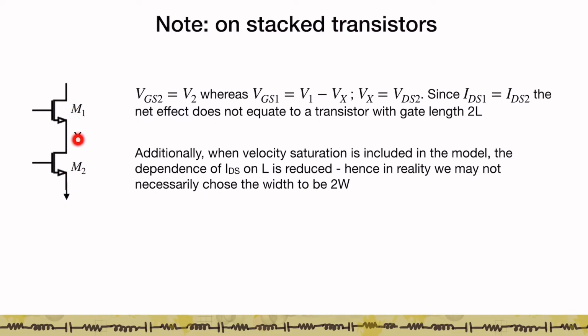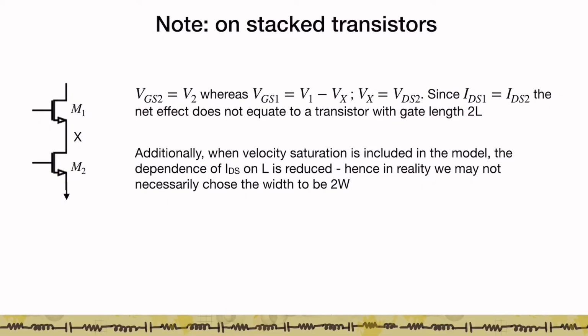Secondly, if you short both the substrate contacts in this transistor, you're going to have a VT in M1 which might be different from the VT in M2. We'll have to equate the drive currents, but that doesn't necessarily translate to this looking like a transistor whose gate length is 2 times L. And the second thing to keep in mind is that when velocity saturation is present in the transistor, the effect of the gate length gets reduced.